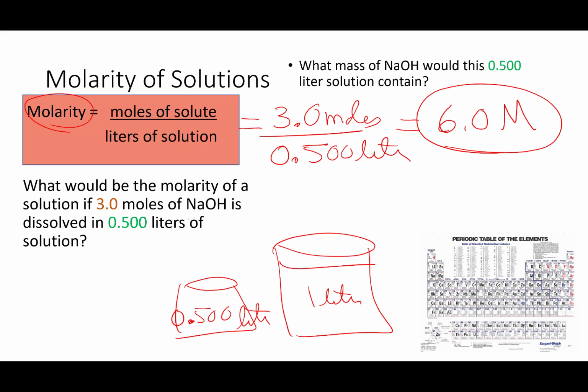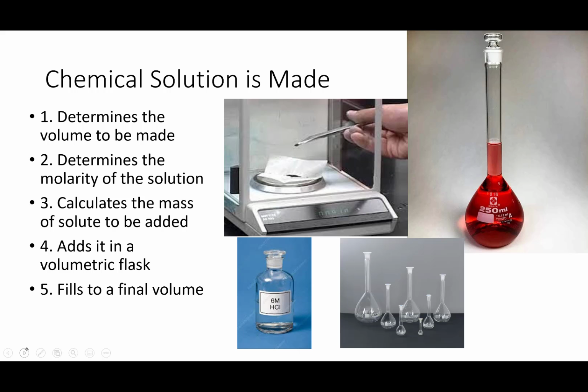So the same amount, 3 moles of sodium hydroxide, but in half as much liquid is going to give me a much stronger solution. This is what a chemist would do in a laboratory. Unfortunately ours is not a lab class, but if you were in a chemistry lab course and you were told to make a solution of a certain molarity, you would first figure out what volume you were going to make.